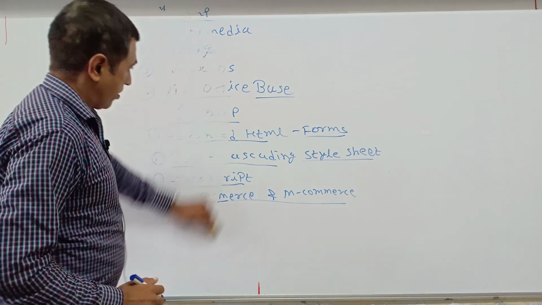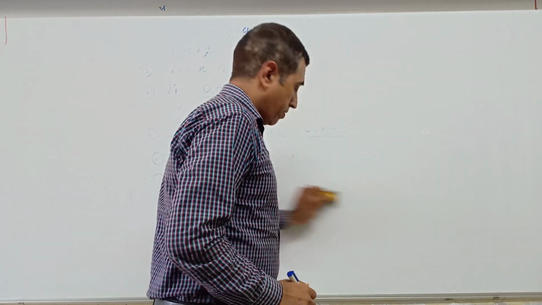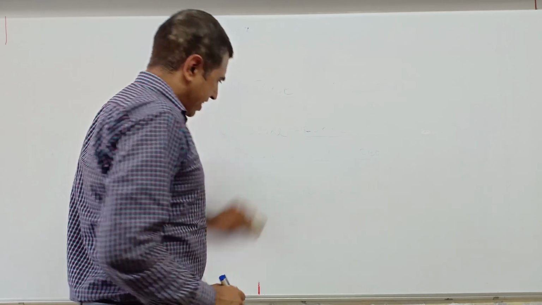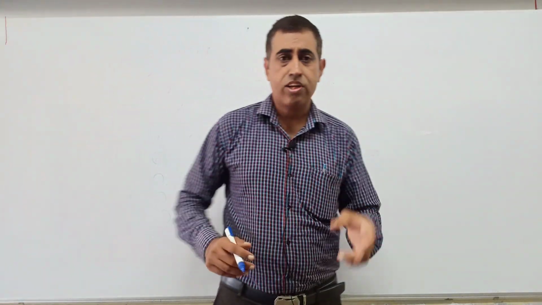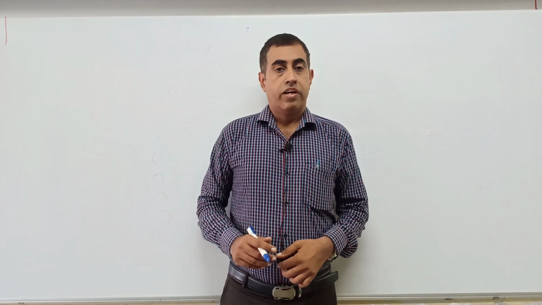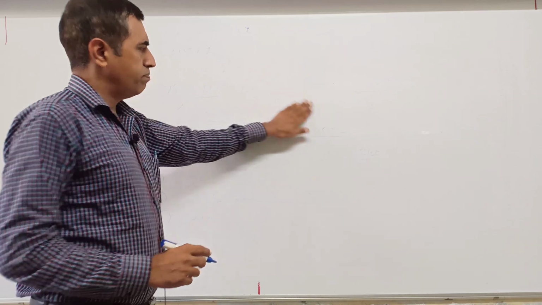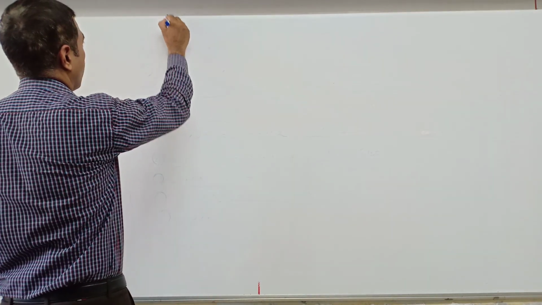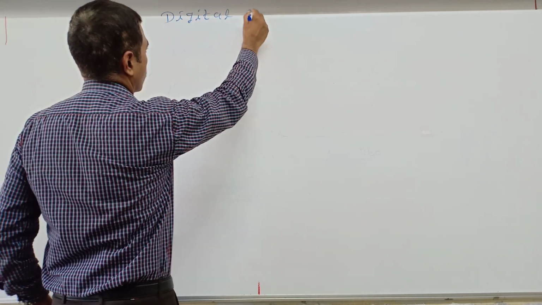Now, before starting our first chapter, we must learn the basic concept of computer, and that is very useful. It is because sometimes they ask some questions regarding basic things. So, what is a digital machine?